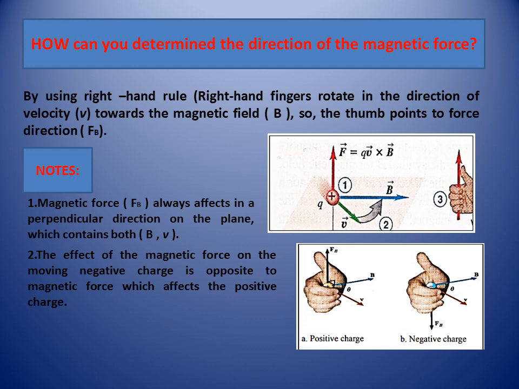Now, look at this figure. For the positive charge, the magnetic force is in the up direction. For the negative charge, from the right-hand rule, the direction of this force is down.